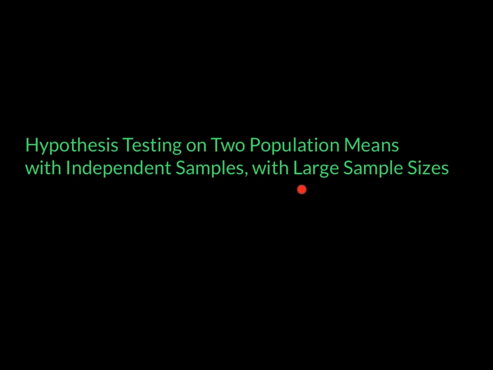And then if we say large sample sizes, by convention, when we consider a sample size to be large, we say that n must be greater than or equal to 30. So anything less than 30 will be considered a small sample size.